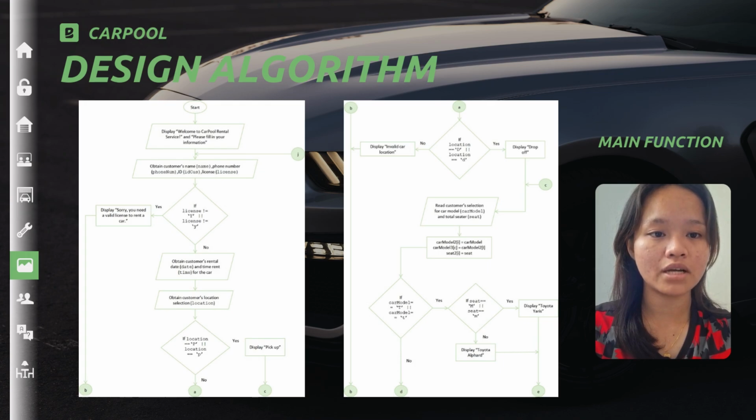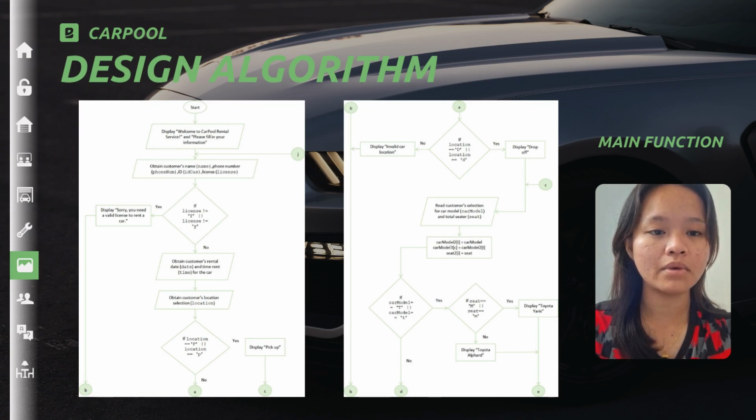For license verification, the system will check if the customer has a valid license. If the customer enters anything other than Y, the system will display, "Sorry, you need a valid license to rent a car." The process will stop here if the license is invalid.